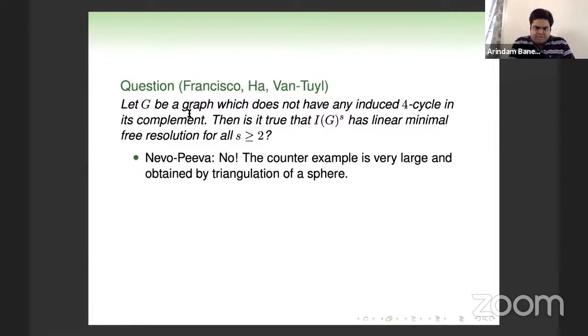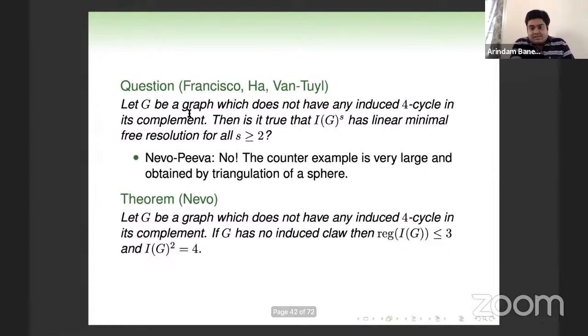However, experiments were done, and the following theorem was proved by Nevo. If G is a graph which doesn't have any induced 4-cycle in the complement, if G has no induced claw, I'll define claw in a moment, then regularity of I_G is less than or equal to 3 and the second power has linear resolution. So regularity of I_G squared is 4, meaning basically the second power has linear resolution.